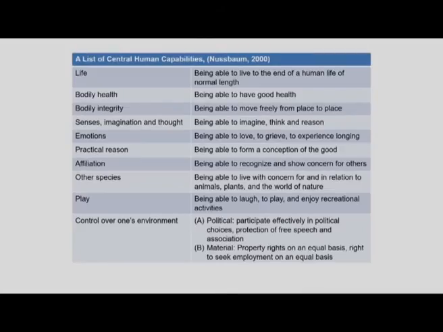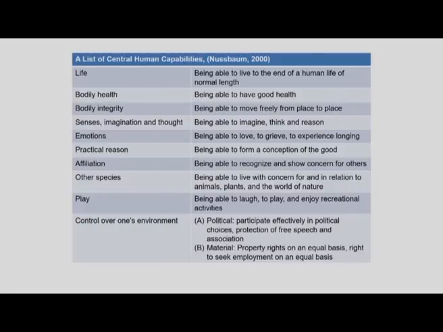However, I will end this class with a list of central human capabilities that Martha Nussbaum has come up with. Professor Amartya Sen never came up with a list of capabilities that are central to human development, whereas Nussbaum came up with a list of central human capabilities which will add to human development, and they are as follows, as is being shown on your slide.